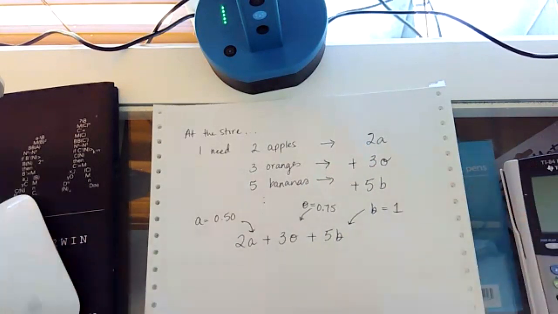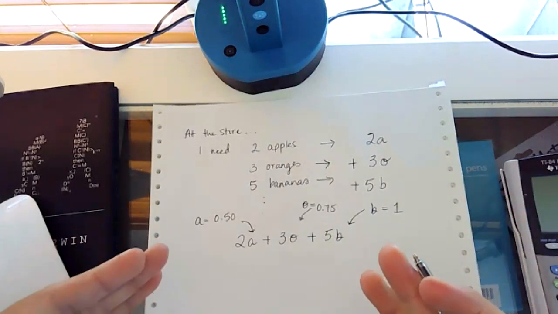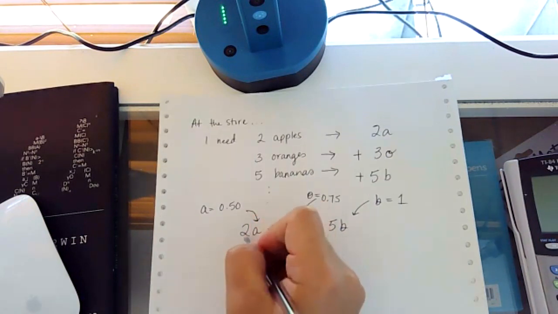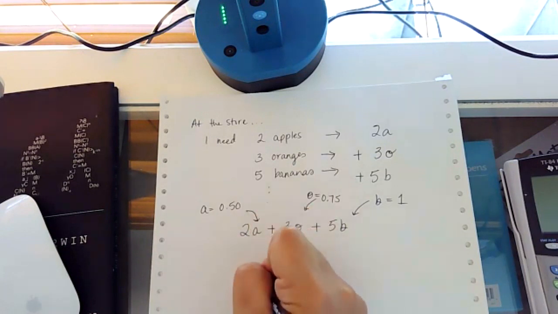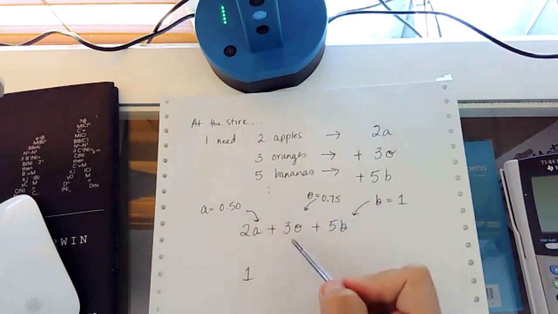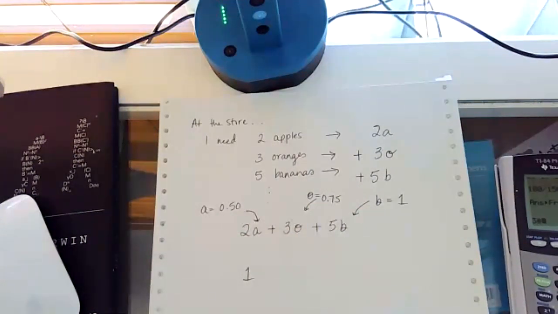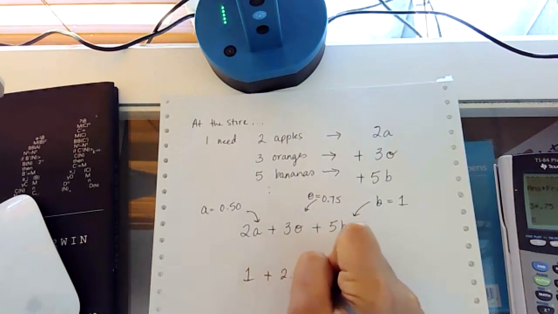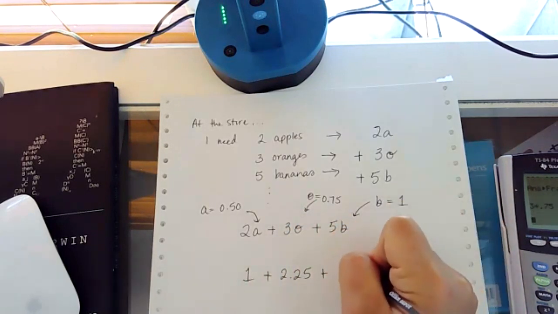Well, now I can plug those values into this expression and then figure out what my total bill is supposed to be. So 2 times 50 cents here is going to give me a whole dollar. 3 times 75 cents is going to be, I don't know, let's get the calculator out. 3 times 75, just because I'm feeling a little lazy, that's going to be 225 plus 5 times $1 is going to be 5.